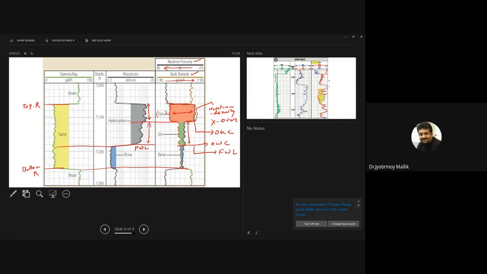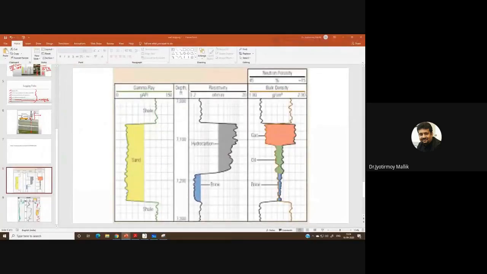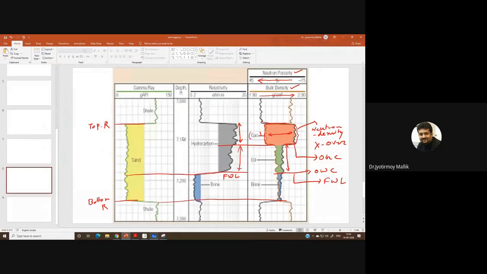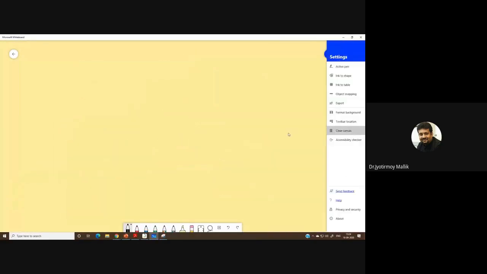If I try to recap what we have discussed so far, we have discussed a few types of logs. The first one is gamma ray. The second type is spontaneous potential.